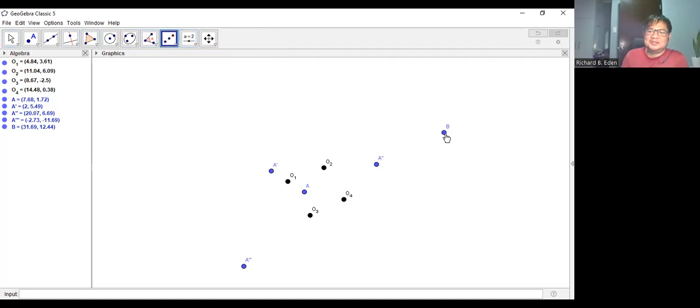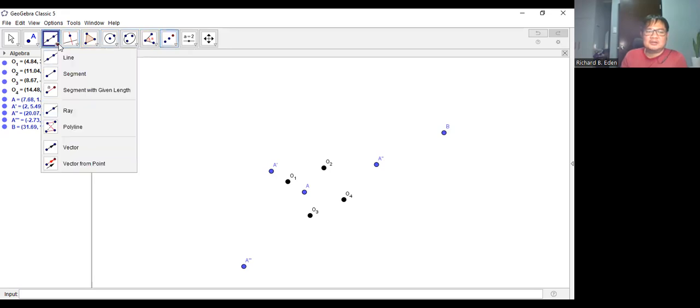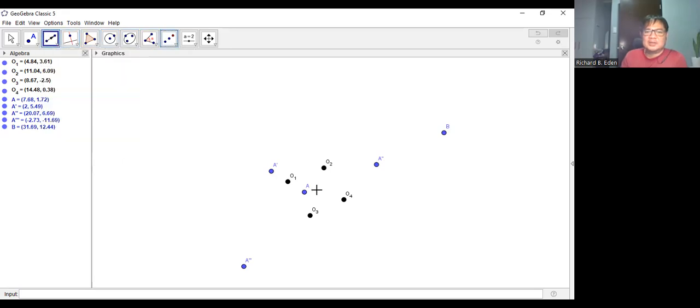So, B is the end of the first 4 half turns. Observe that A to B is the result of the first set of half turns. Let's draw the vector, just so we could visualize.